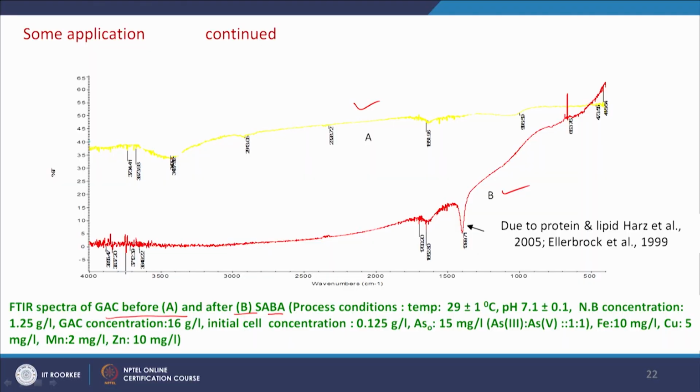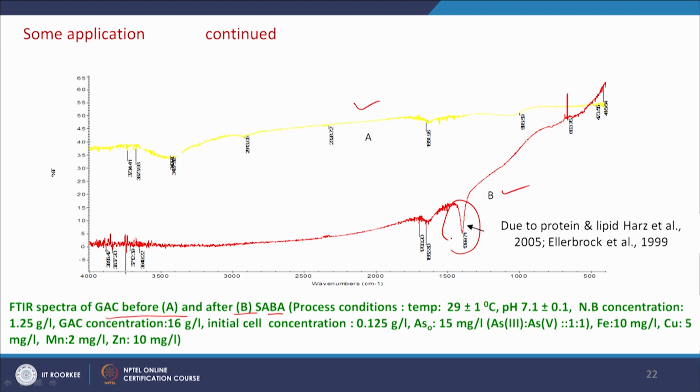So, that is bioaccumulation. And if we use the adsorbents and microbes simultaneously in the beaker, then simultaneous adsorption and bioaccumulation will take place. Whether the biolayer is formed or not can also be confirmed by the FTIR study, as shown here. We are seeing the FTIR for GAC here, but when we take the GAC sample after simultaneous adsorption bioaccumulation, or SABA, we see that some new peaks have arisen.